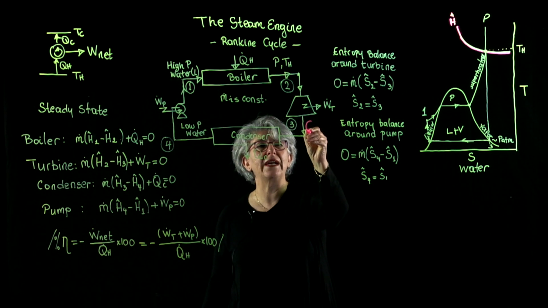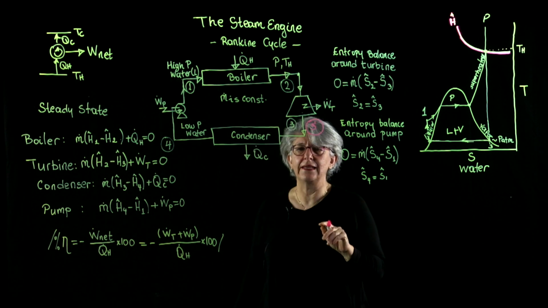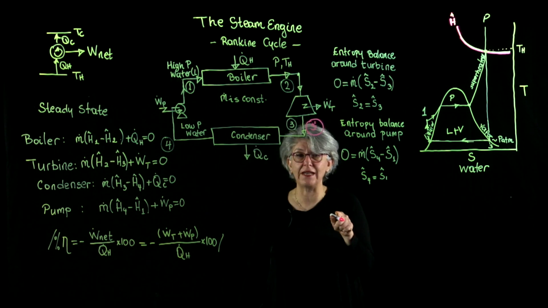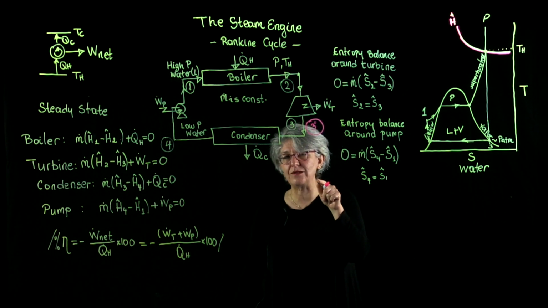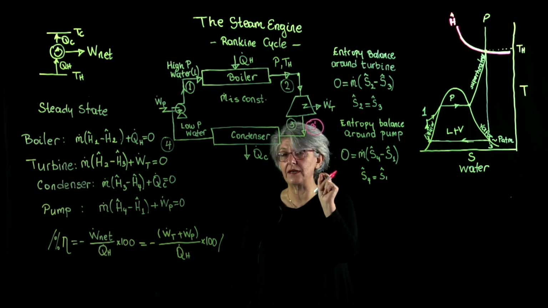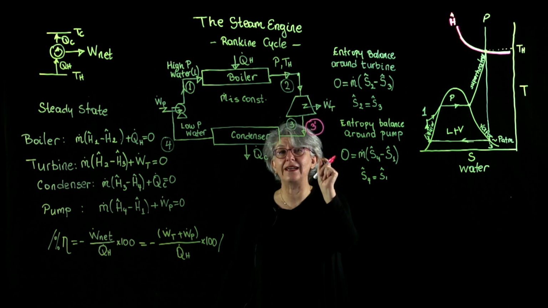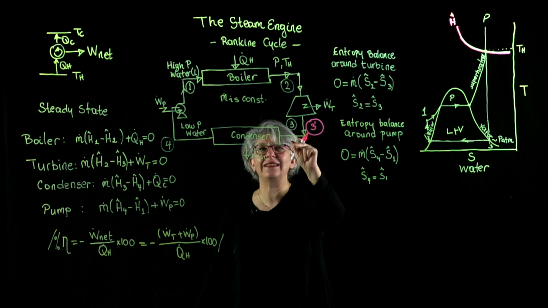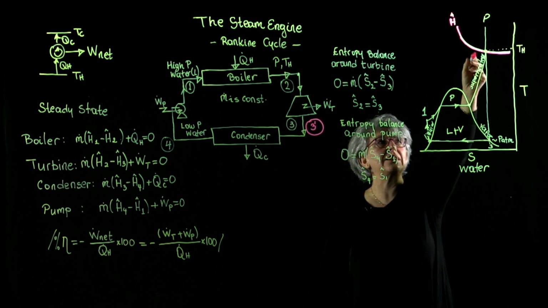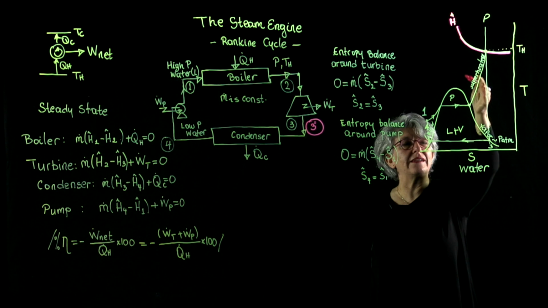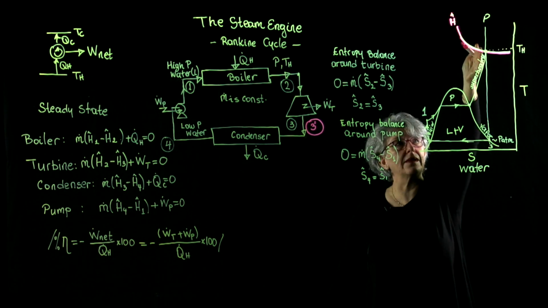We are going to end up at a point 3 prime. That is not going to be equal to 3, but it is going to have an entropy, be very careful, that is greater than the entropy at point 2. So our process is not going to be a straight vertical line.